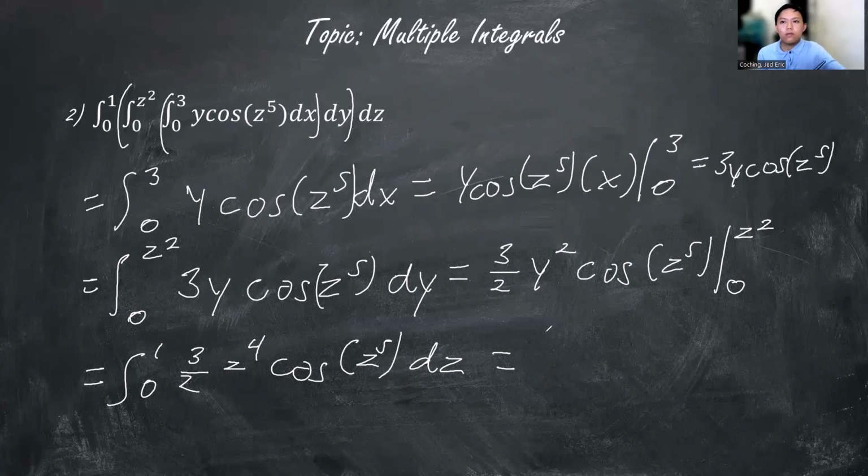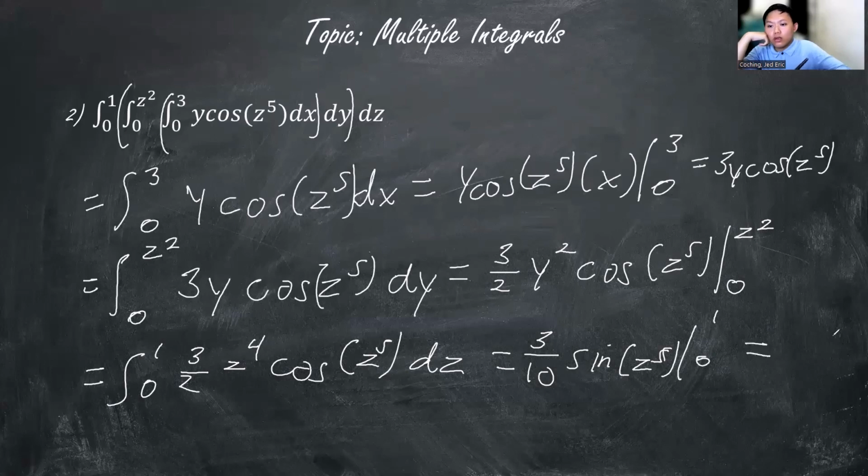So 3/10 sine 5z, just copy. Okay, now with limits 1 and 0, equals 3/10 sine 5z.